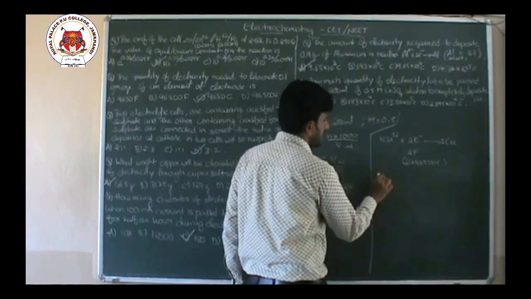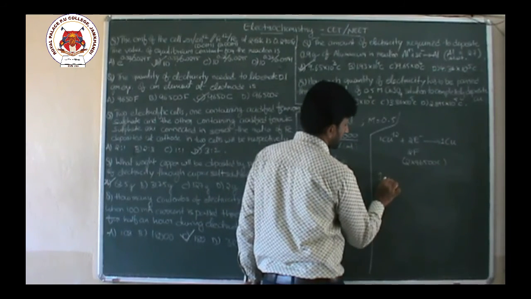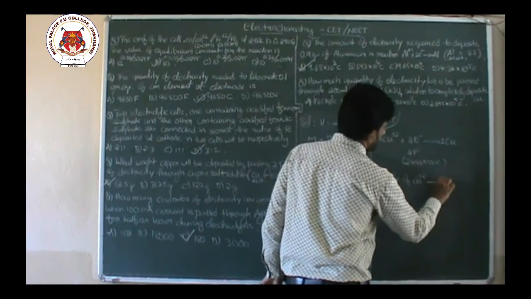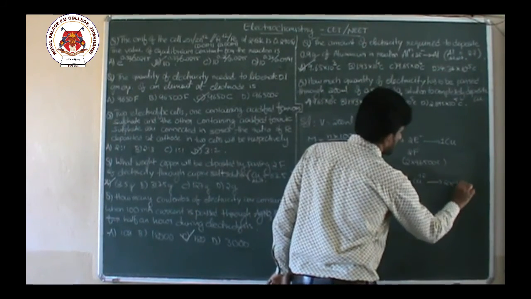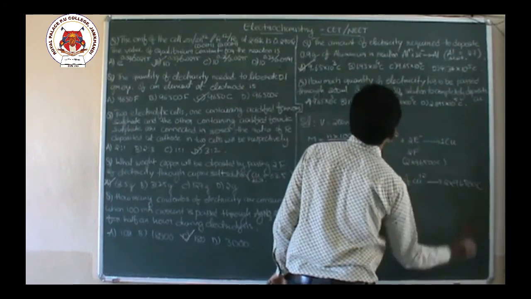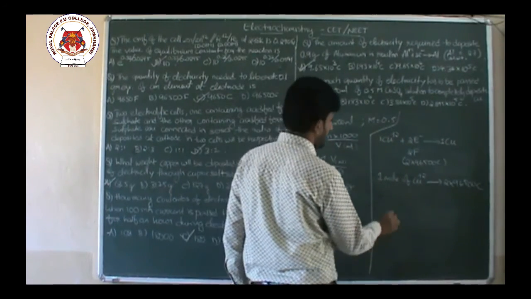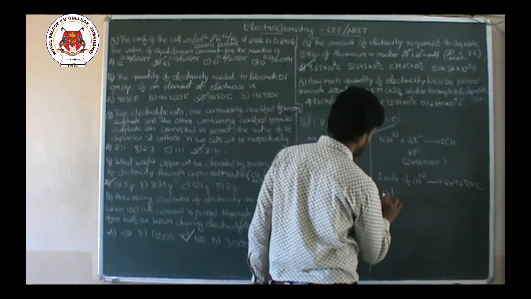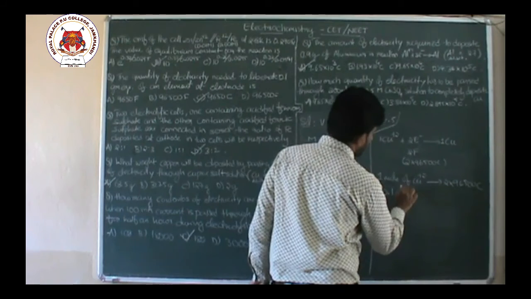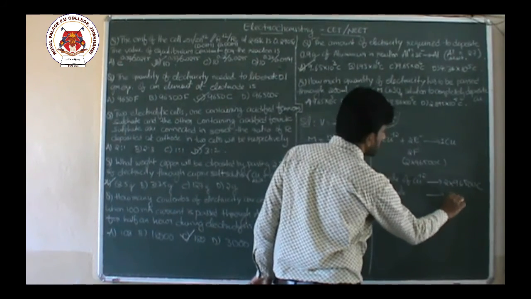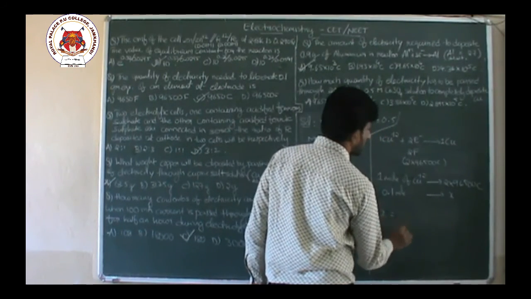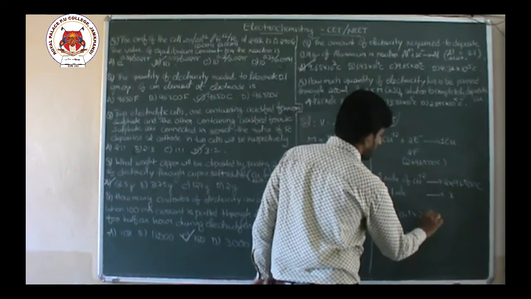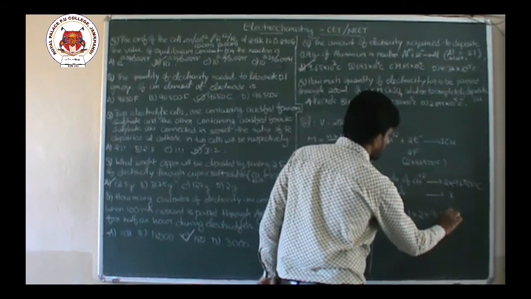So that means 1 mole of Cu plus 2 ions deposition requires 2 into 96,500 coulombs. Okay. And in our question we got 0.1 mole. So 0.1 mole of Cu plus 2 requires how many coulombs? Then this will be equal to 0.1 into 2 into 96,500 coulombs.